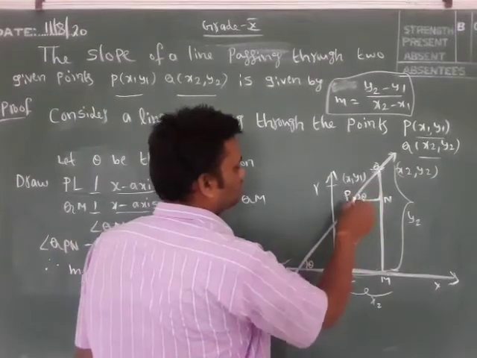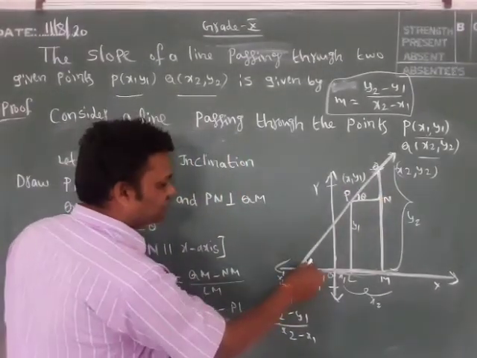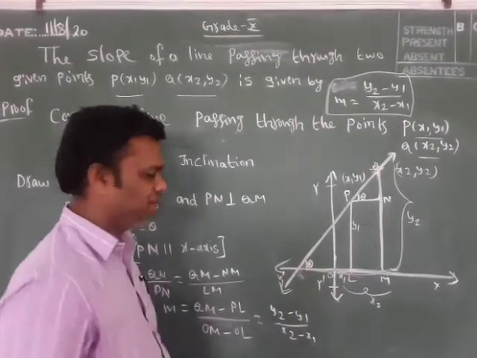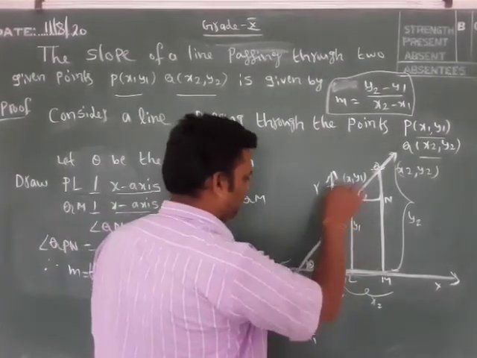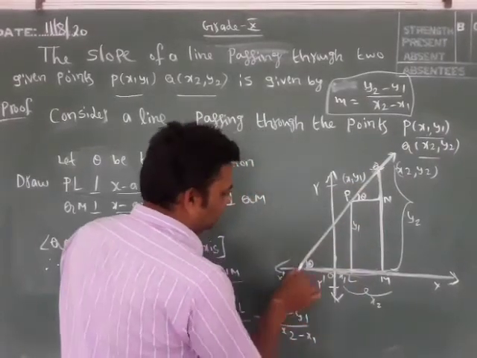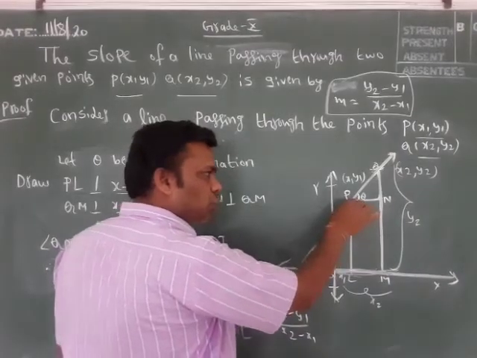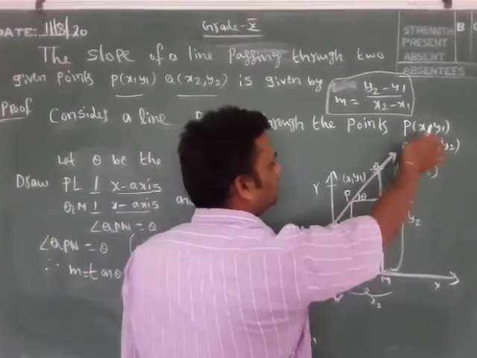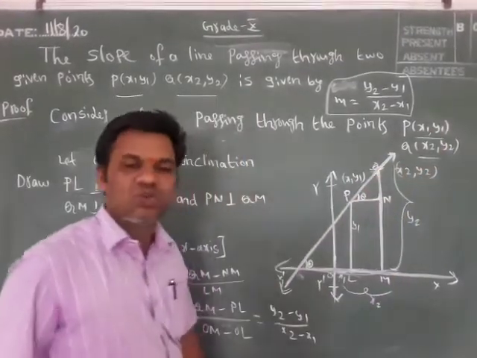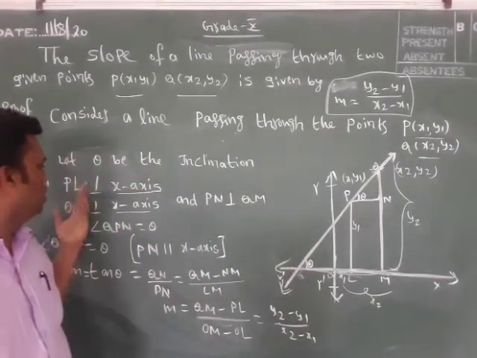This is the line through P and Q, with theta the inclination from the positive direction of the x-axis.